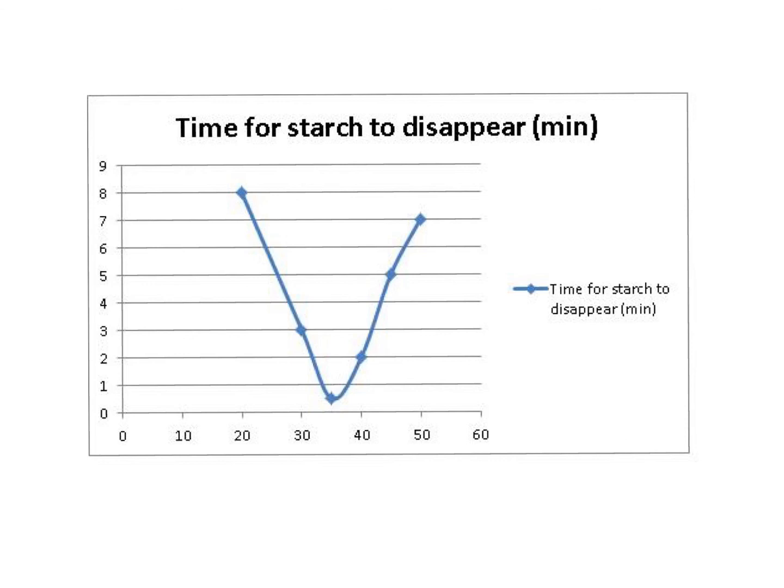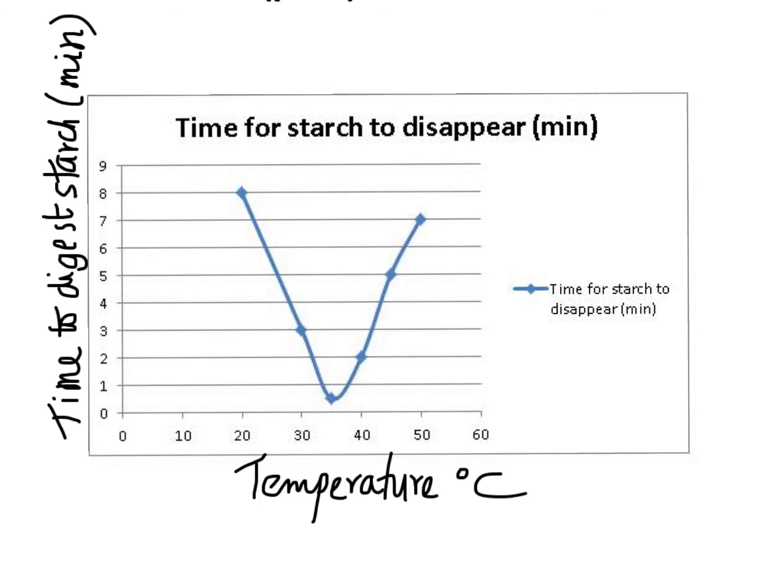So in this case, you have temperature on the x-axis and the time to digest starch. So if you're asked which is the best temperature for this particular enzyme, you can see it's around 35, 36. So that's the best temperature for this enzyme here. You can even say about 36 to 37, because that's the point where its digestion has taken place very quickly.